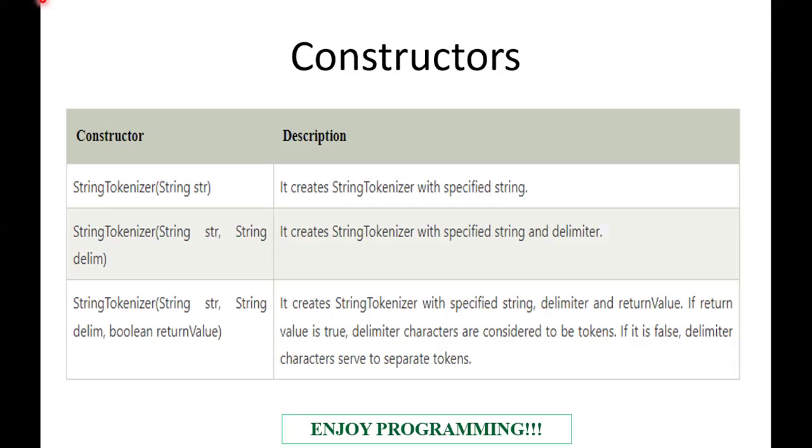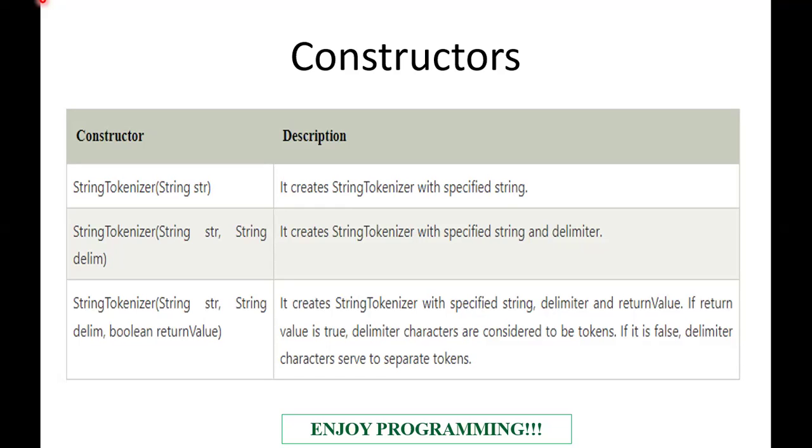Coming to the third one, StringTokenizer with three arguments. This constructor accepts three arguments. One is the string, the next one is the delimiter string, and the third parameter is called return delimiter. This constructor creates a string tokenizer for the specified string with the specified delimiter. The role of the return delimiter: this parameter indicates whether the delimiter should be returned as tokens or not.